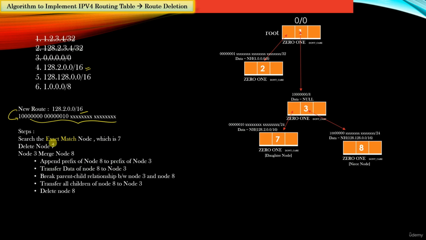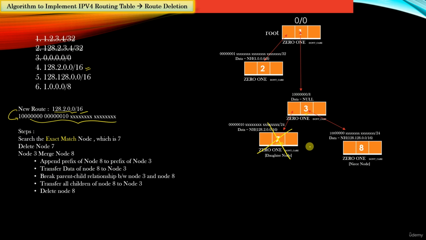Using the exact match route search algorithm, we are going to locate the node, which is node number 7, which holds the data for this route 128.2.0.0/16. As per the algorithm, we are going to delete node number 7 straight away, and its parent, node number 3, would become a half node, so it will execute the merge algorithm.